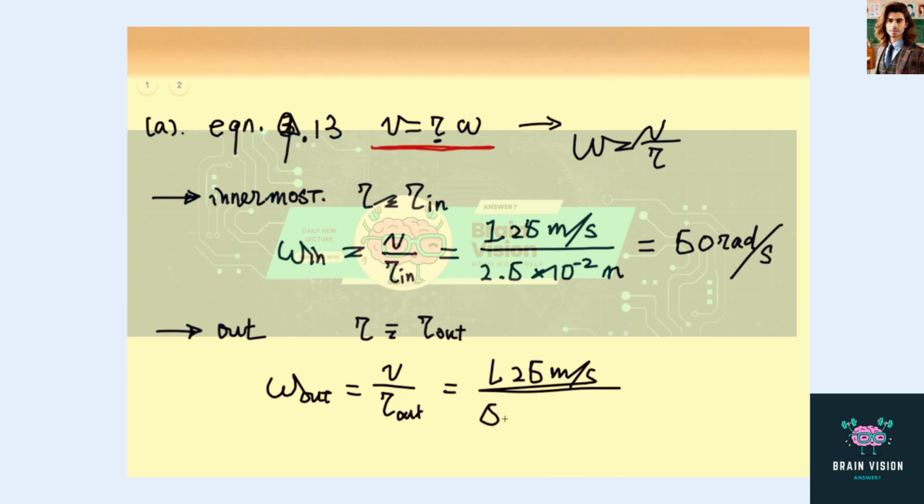It's 5.8 multiplied by 10 to the negative 2 meters here. And after doing the calculation, we get 21.55 rad per second. So these are the answers for this question.